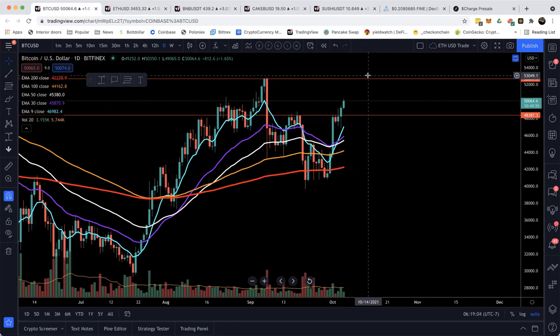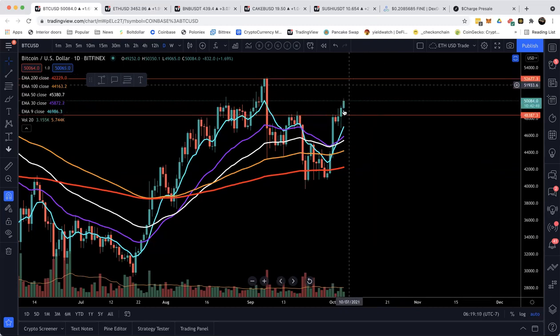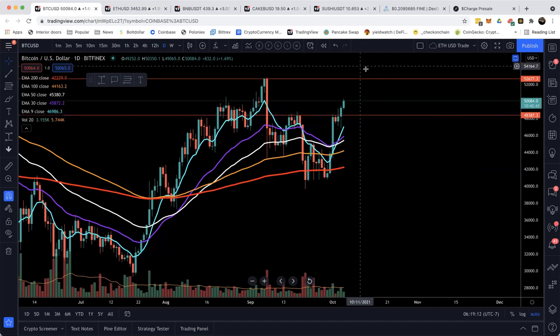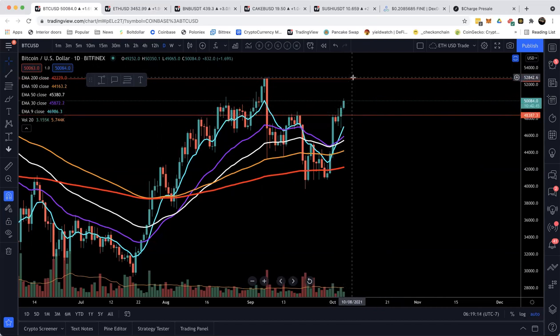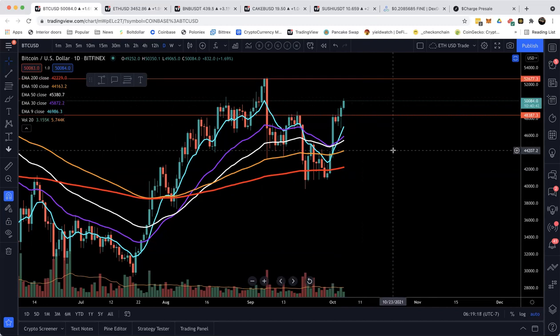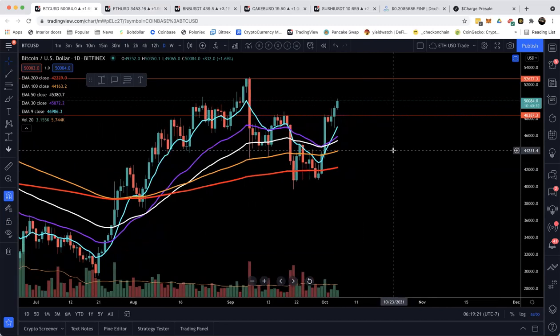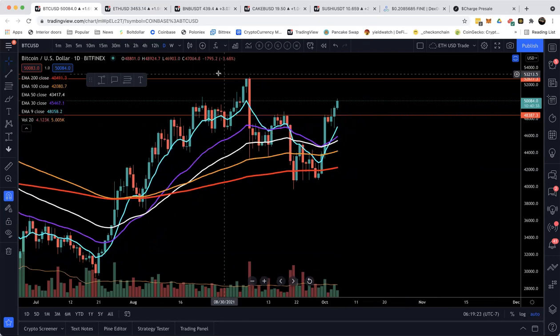Then I could say, okay, I'm not expecting this back test to happen as much as I am between here and here. It could still happen, but it is less likely, in my opinion. So I'm going to try to be, again, as neutral as possible, make a case for the bears and the bulls on the outlook of Bitcoin.